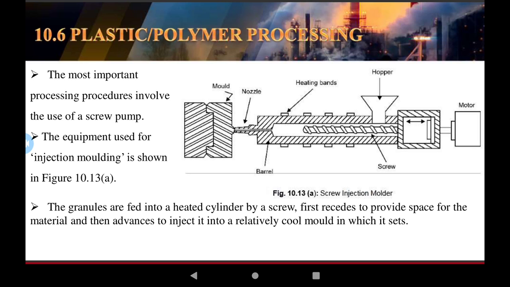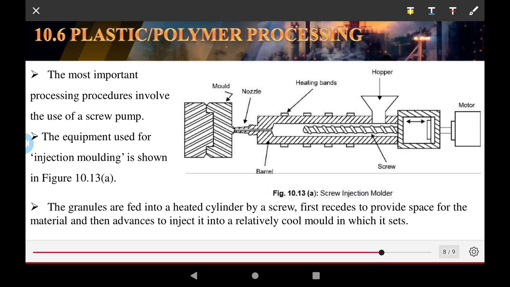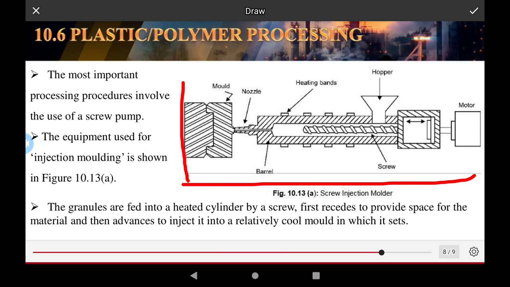The most important processing involves squeezing the material with a screw pump. The screw pump is required for moving the material. This is the screw injection molding operation, the whole procedure of injection molding.